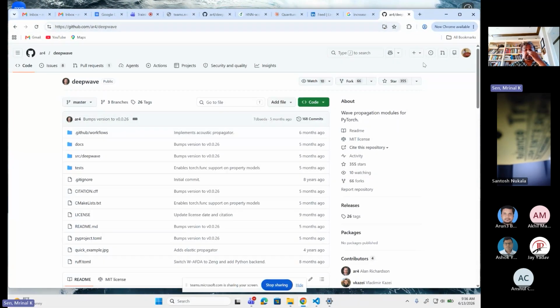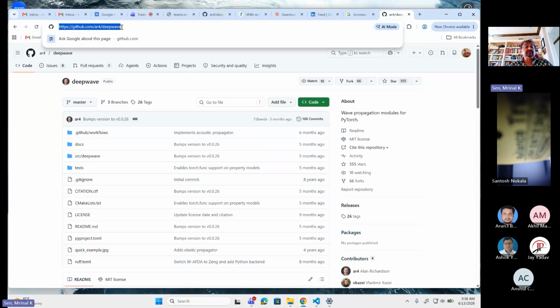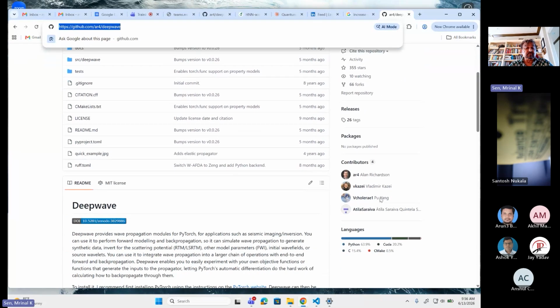Okay, are you guys able to see my screen now? Yes, sir. Okay, so here I'm showing you a GitHub site where you can find Deepwave. It comes with all the instructions, source code, and things like that.